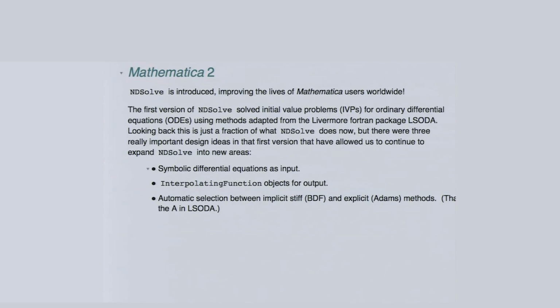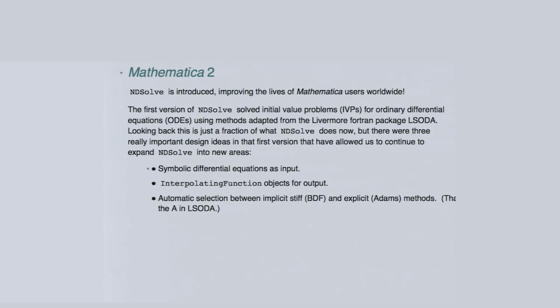And then the other thing, which is less obvious in the original design, is they based the algorithms on a method called LSODA, which is the Livermore Solver of Ordinary Differential equations, Automatic. It was a Fortran package. We adapted it from the Fortran, rewrote it in C, and put it in Mathematica. It has an automatic selection between BDF methods, backward differentiation formula, which work for stiff problems, and AMS methods, which work for non-stiff problems and are explicit and very fast for simple problems.